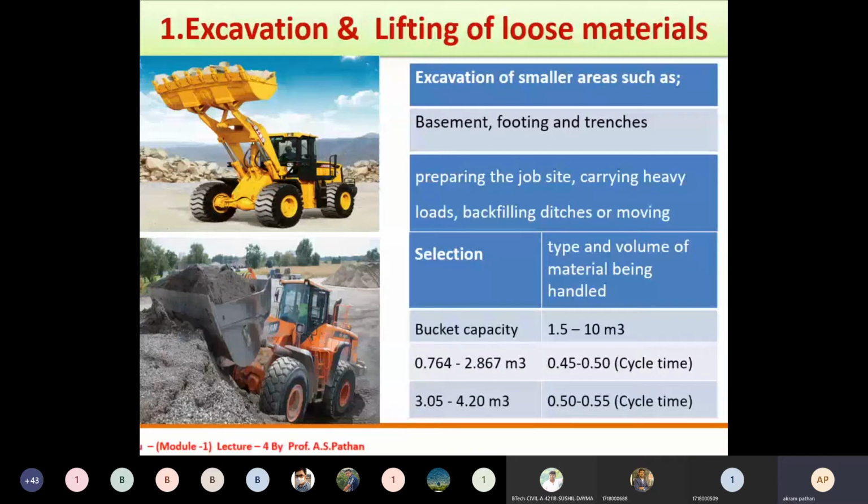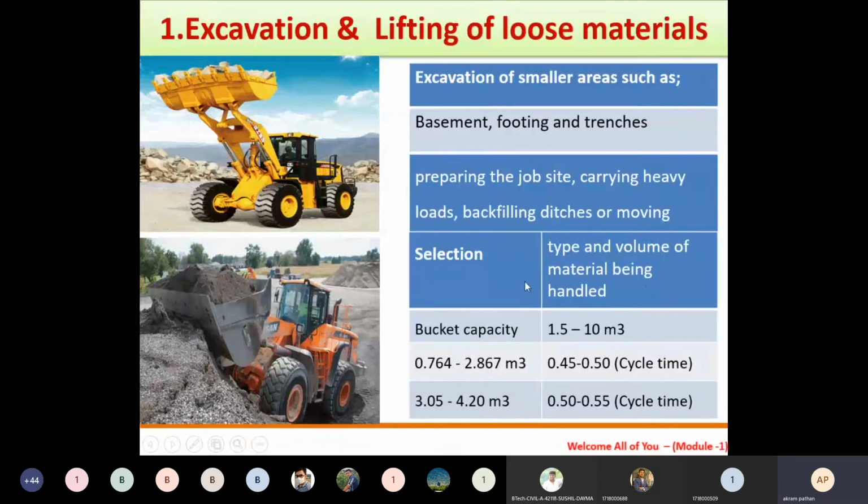The selection of this particular machinery, the wheel loader, depends upon the type and volume of material being handled. Which type of material? It may be fine aggregate or coarse aggregate, or it may be a boulder. And the volume of material, how much quantity of material we have to take from this particular place to another place.